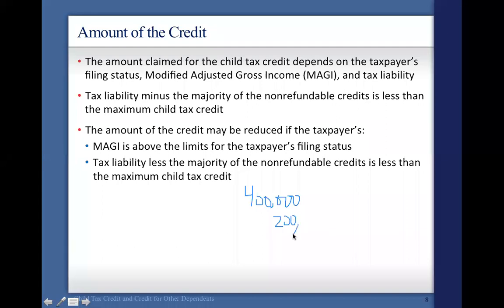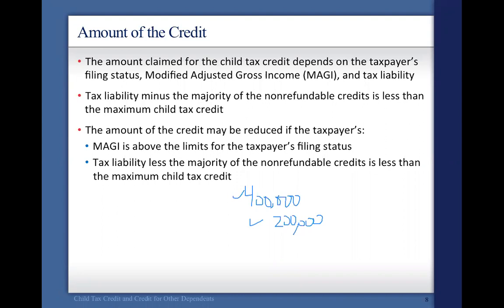What that means is that if you are a married couple, or a single person for that matter, and you make over $400,000 if you're married, $200,000 if you're single, you're not going to be eligible for this credit. Everybody else is eligible for this credit up to certain limitations.